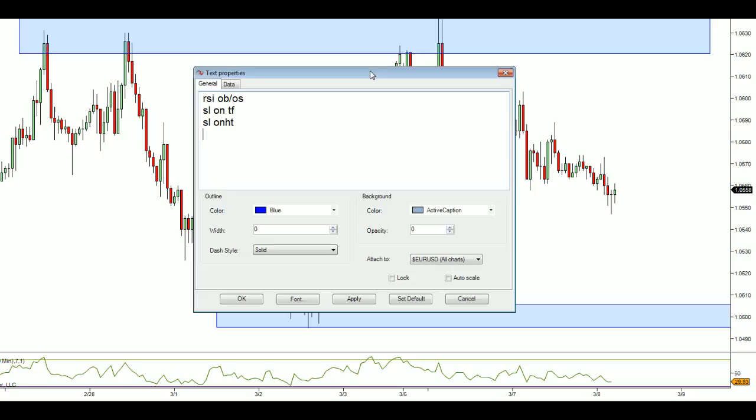What's next? RSI. Do we have ratio confirmation? Trade with the trend.